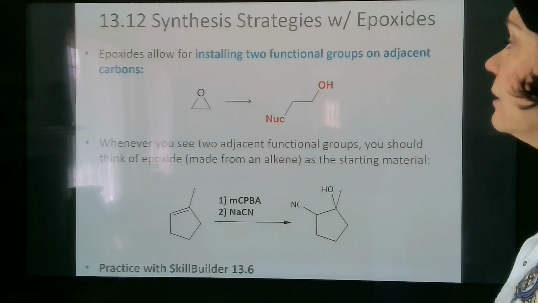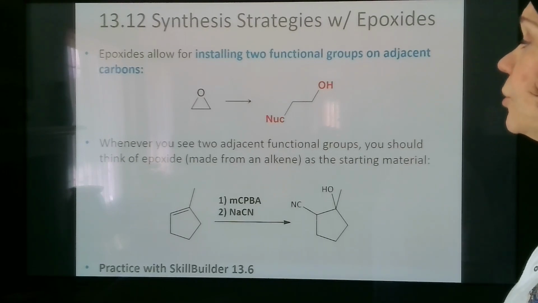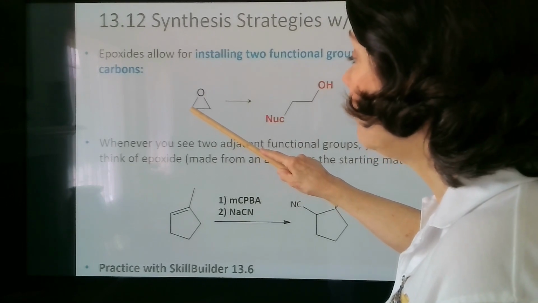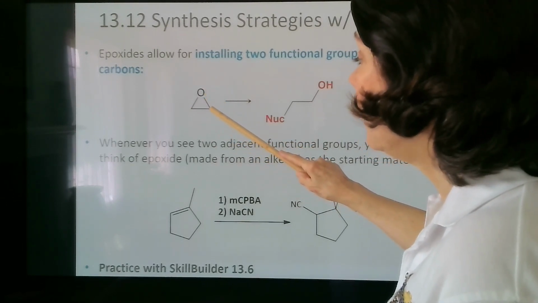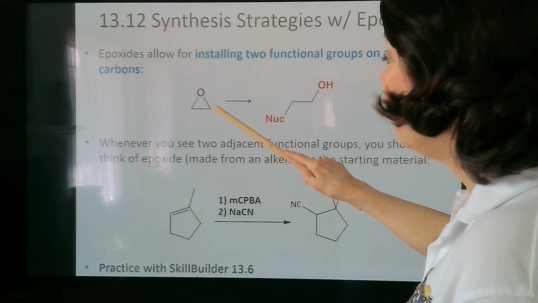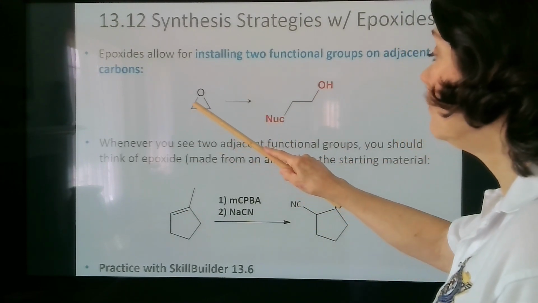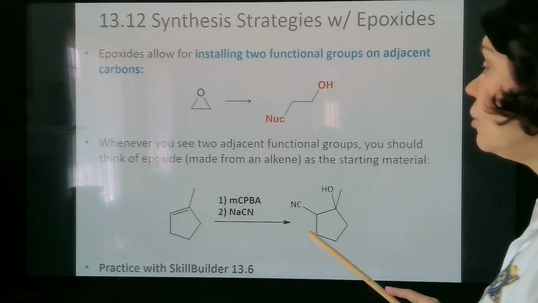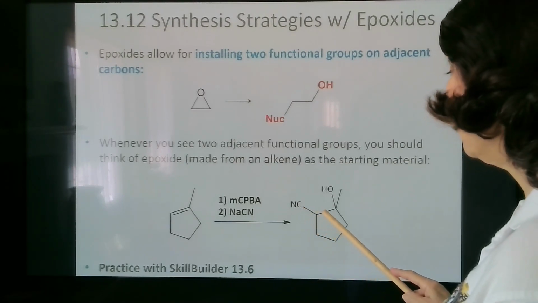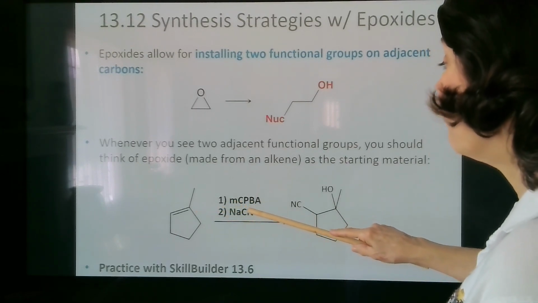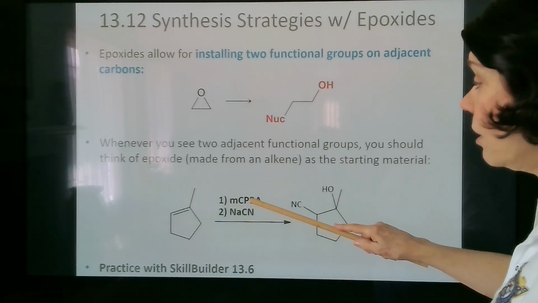Epoxides allow for installing two functional groups on adjacent carbons. So if you have a nucleophilic attack at one end of the epoxide, the oxygen becomes bonded to the other end of the epoxide. So whenever you see adjacent functional groups, you should think of the epoxide that is made from an alkene as the starting material.